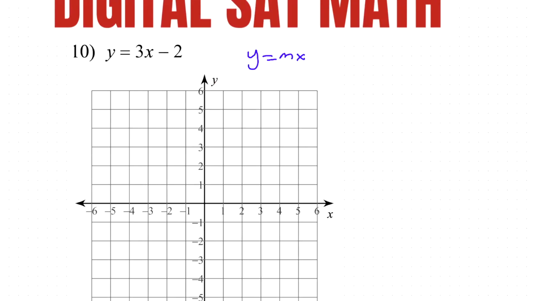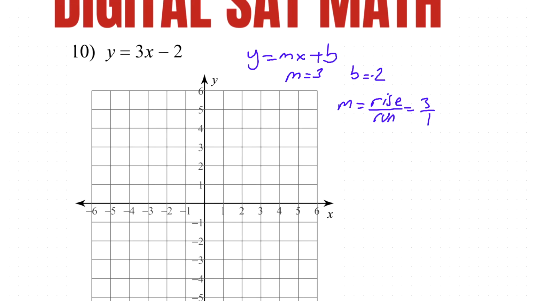And the slope of this line is 3. And the y-intercept is negative 2. Slope is, again, remember, it was rise over run. And if I will just put 3 as a fraction, I'm going to put 1 into denominator.